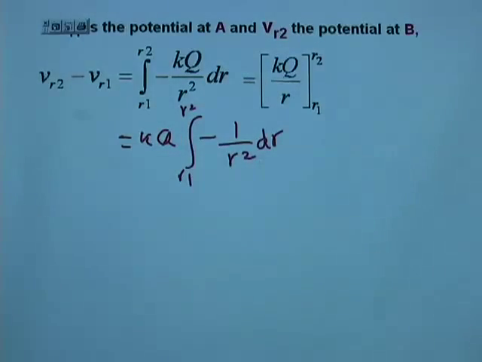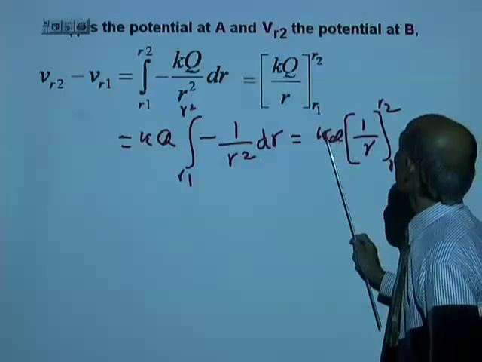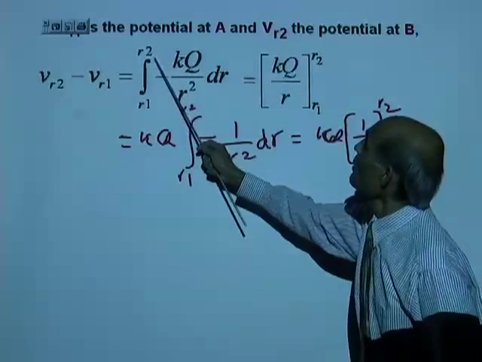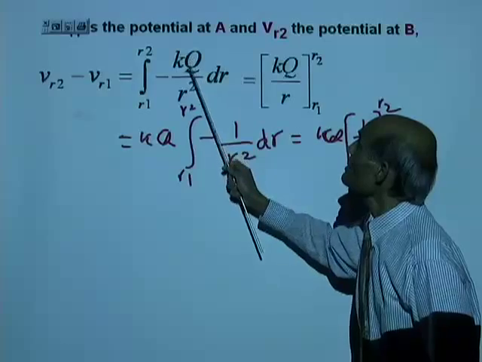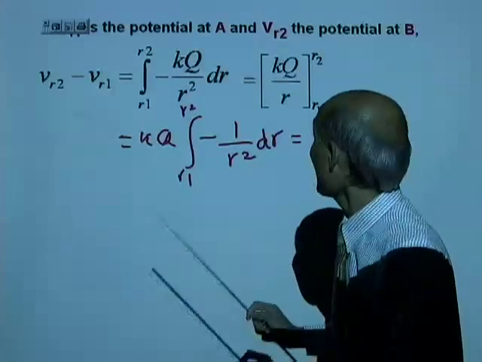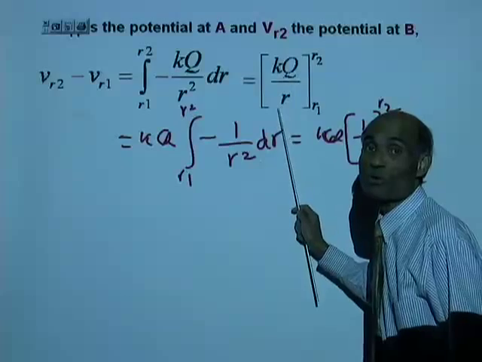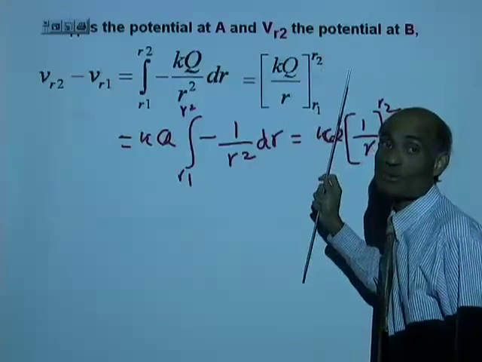So, this will be equal to KQ times 1 over r, and the lower limit is r1, the upper limit is r2. And what I have done in this step is write this with the KQ inside. So, integral r1 to r2 of negative KQ over r squared dr equals KQ over r from r1 to r2.